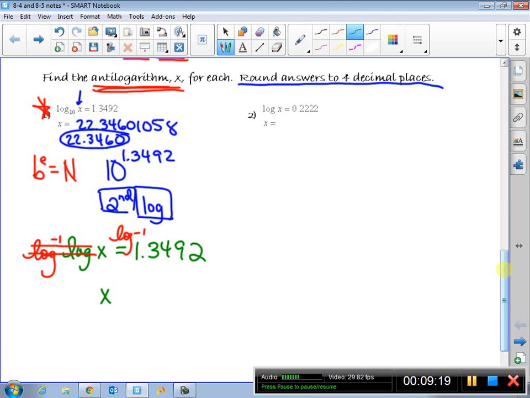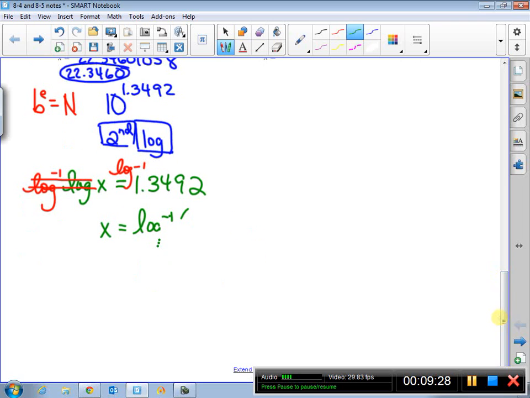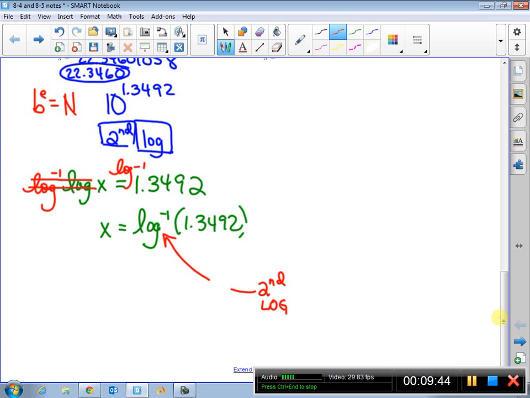And log inverse means I'm hitting my second and my log button. So log inverse is a clue that you're going to use those buttons. And of course, second log of 1.3492 gives you the same answer we've already discovered. 22.3460, rounding correctly.